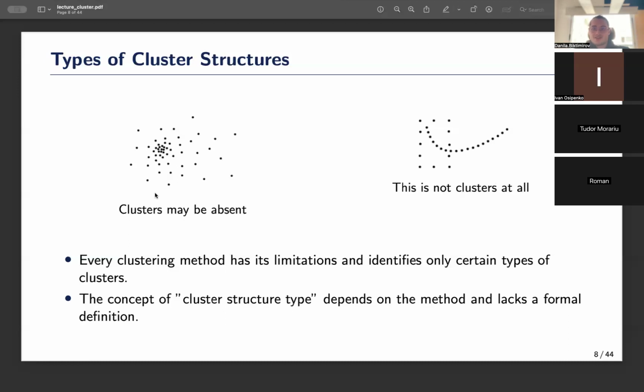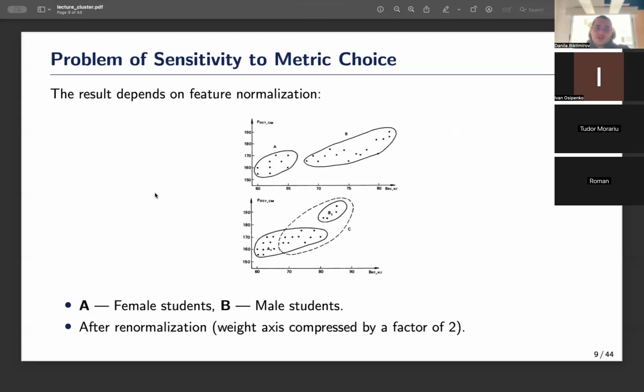However, designing an algorithm that works successfully in all cases without exceptions is a very challenging and hardly solvable task. Another reason why the clustering problem can be ill-posed is its sensitivity to the choice of metric.